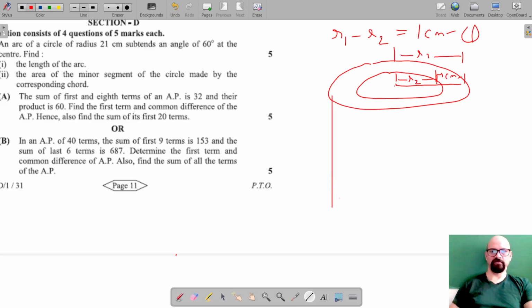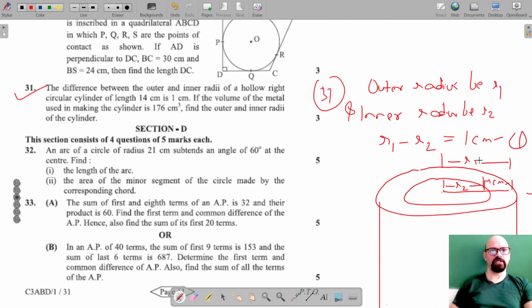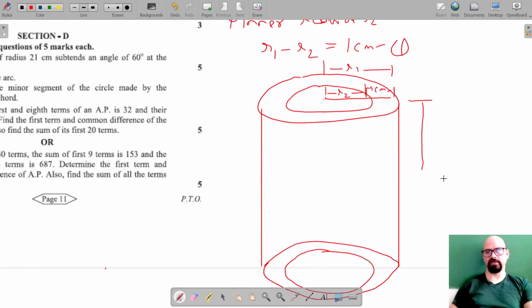Now this is a cylinder, so let's draw it as a hollow cylinder. This is the base with outer and inner radii. Now the length of this cylinder is 14 centimeters.